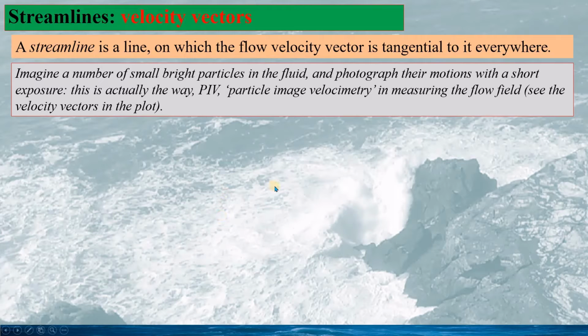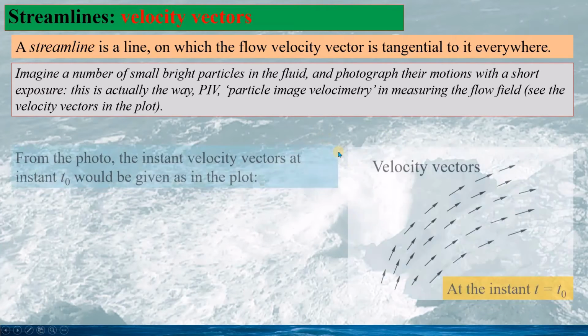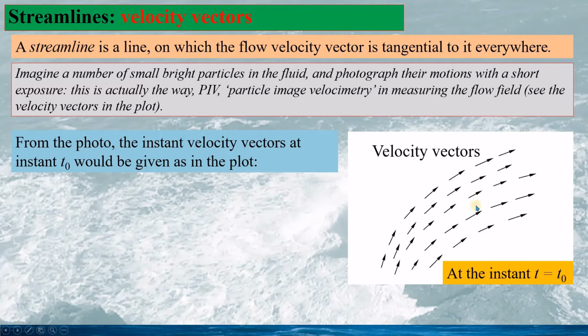This is actually the way PIV, particle image velocimetry, measures the flow velocity, such as the velocity vectors shown in this plot. These are the instant velocity vectors given at the instant time t equal to t0.